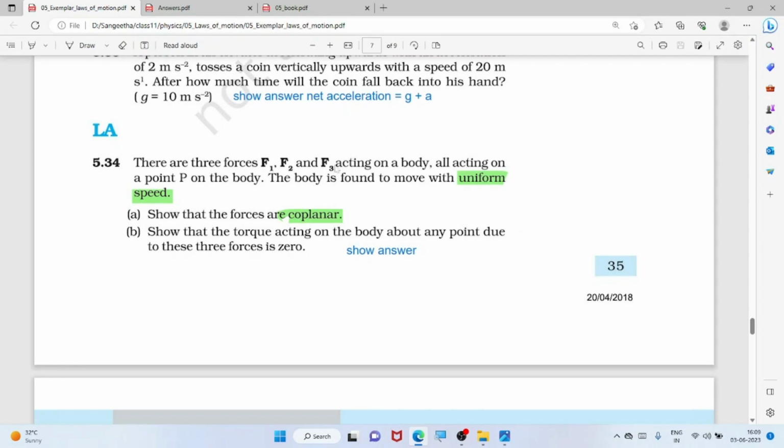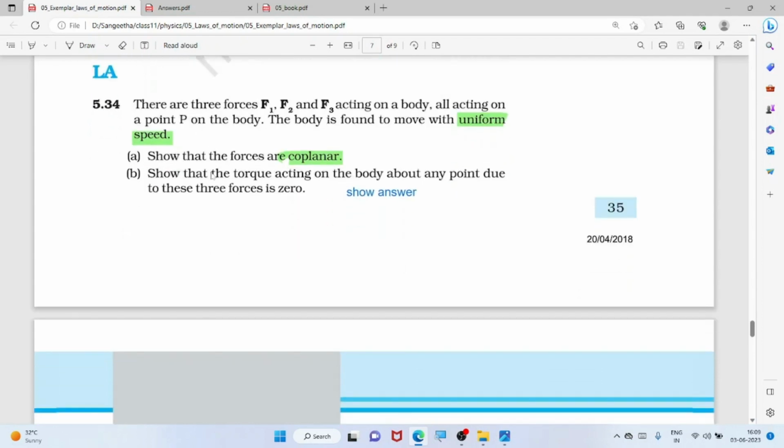If three forces act on a body, the body is bound to move in uniform speed, so that the forces are coplanar, okay, they are in the same plane.